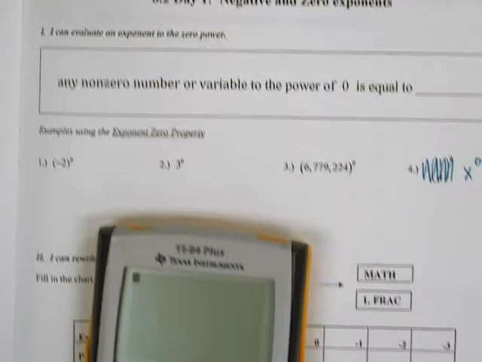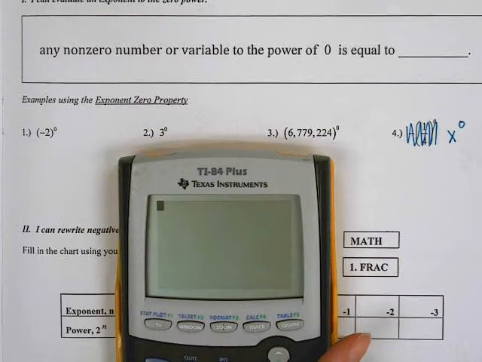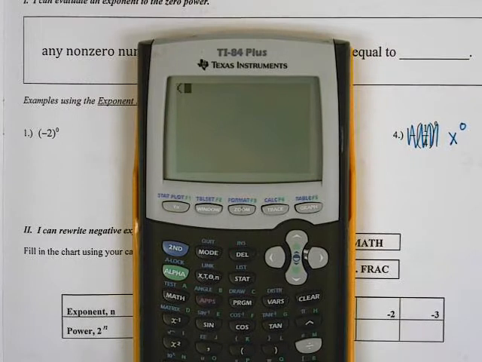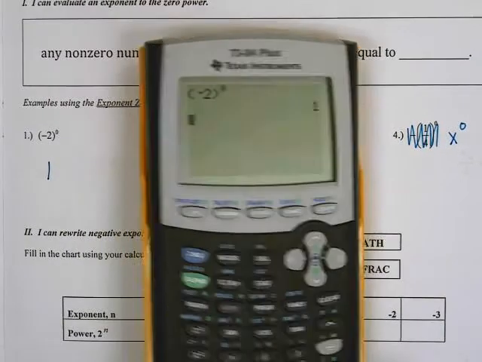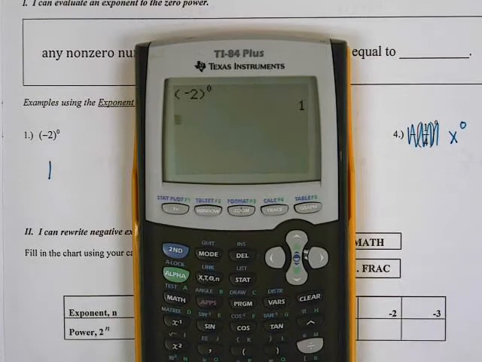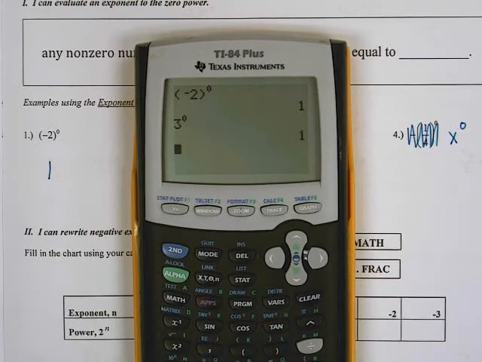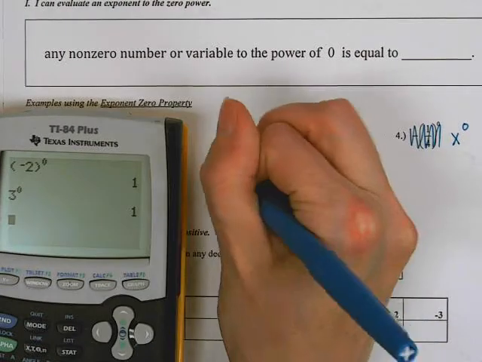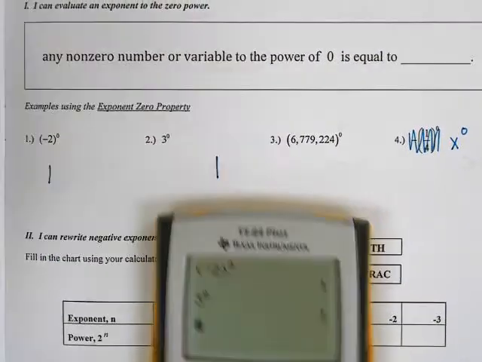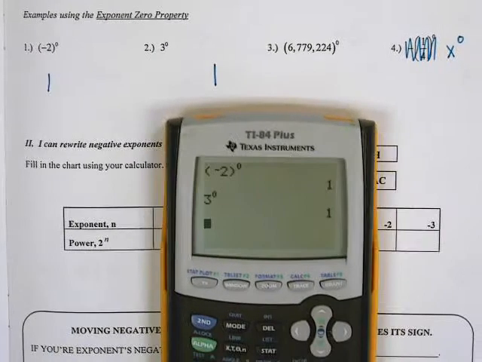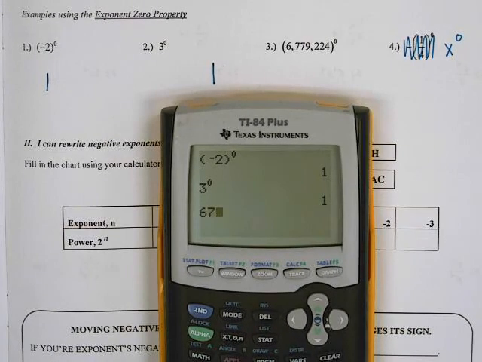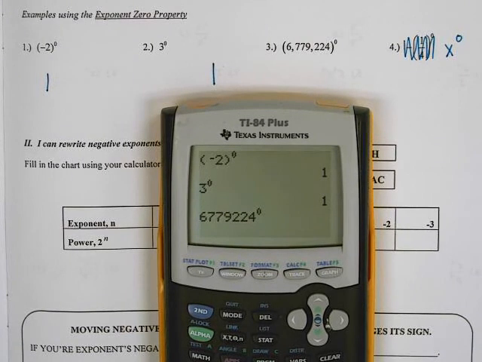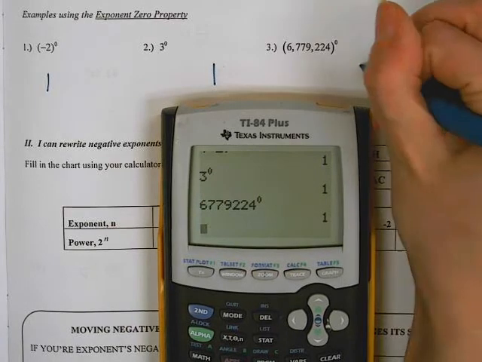All right, so the first one, -2 to the 0 power. Don't forget parentheses, it is 1. What's next? 3 to the 0 power is 1 again. 6,779,224 to the 0 power is also 1.